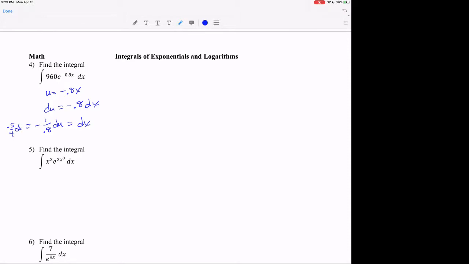When we substitute this in, we get the integral of 960 e to the u times negative 5/4 du. That gives us negative 1200 e to the u plus c, if we simplify those fractions. So that gives us negative 1200 e to the negative 0.8x plus c.